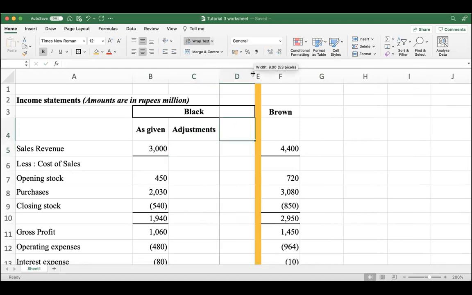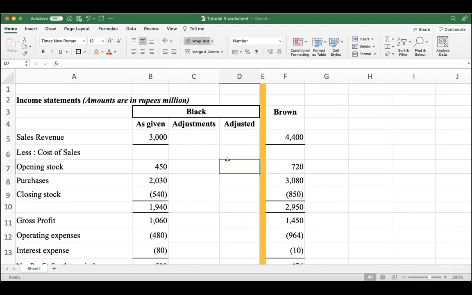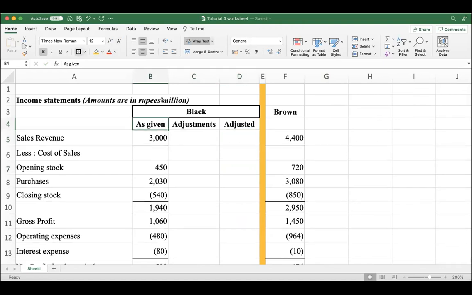Then values after adjustment, or adjusted values. So you can have these three columns. Under Brown, the same three columns.